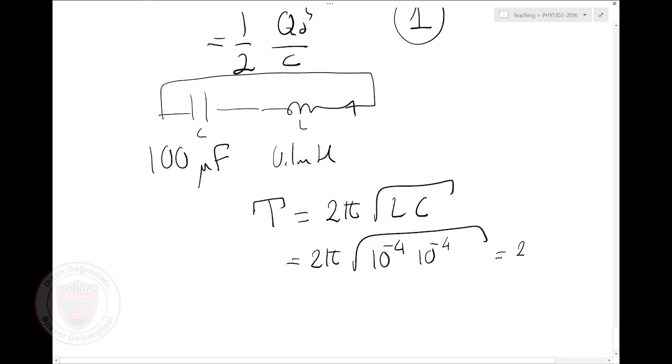So what did this give me? 2 pi times 10 to the minus 4 seconds. So this is going to be a little bit less than 1 millisecond. So you could make a 1 millisecond oscillator, a reliable oscillator, in the lab without much effort.